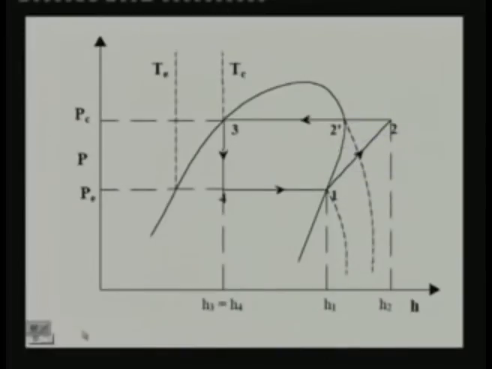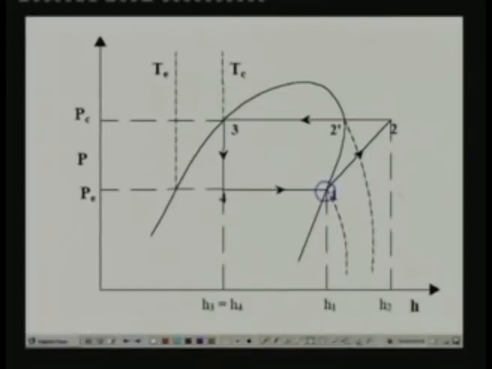Now, how do we represent the standard vapor compression cycle on the pH diagram? We know that, beginning with the compression process, saturated vapor is compressed from evaporator pressure to condenser pressure, and this process is an isentropic process.